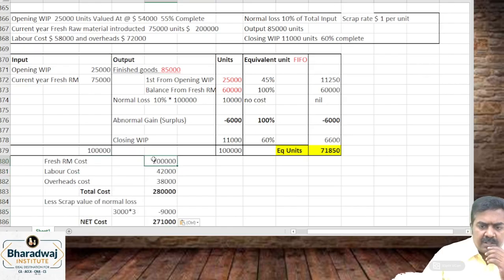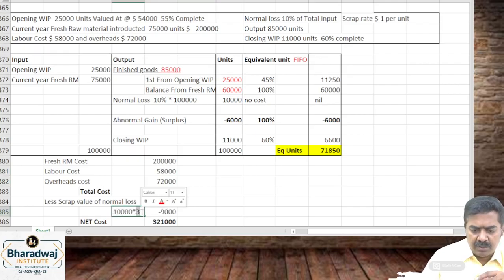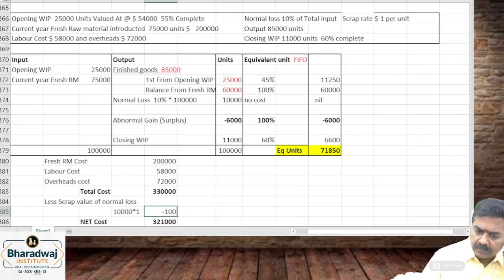Current year fresh raw material cost 2 lakhs, labor cost $58,000, overhead cost $72,000, sale value of normal loss $10,000 into 1, 10,000 into 1. So, what is the cost per equal unit?